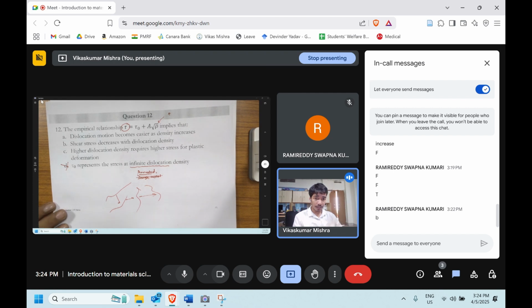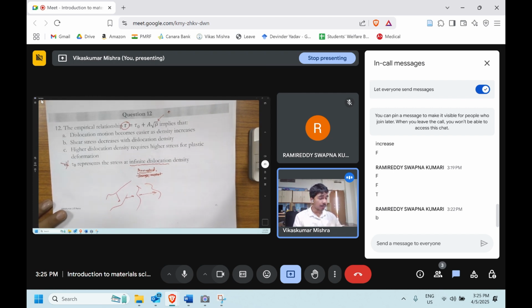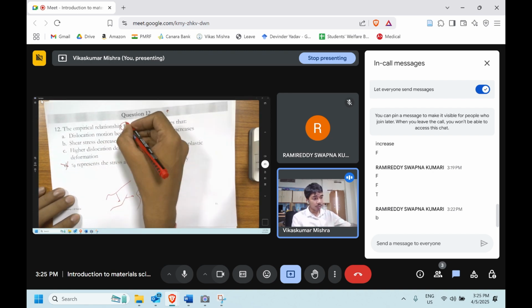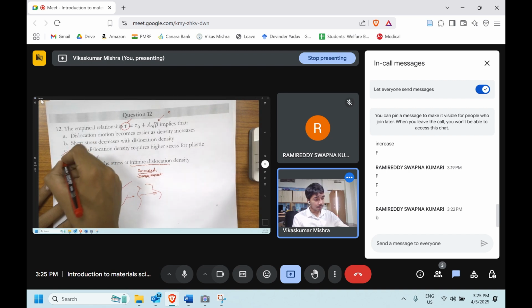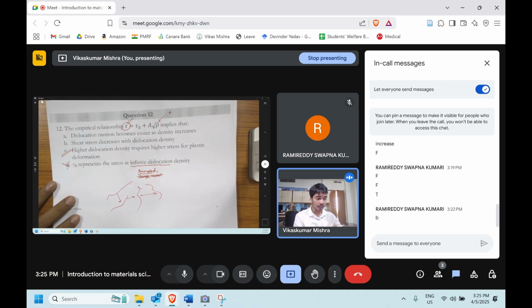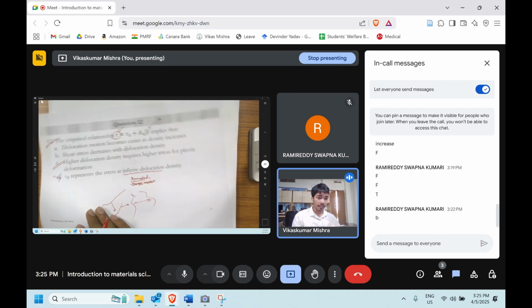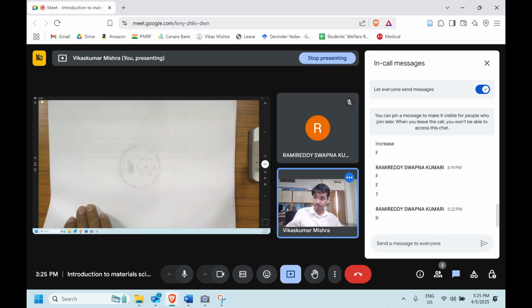Since their interaction with each other is more, they will impede each other's motion, and since their movement is restricted, plastic deformation is not taking place. So in order for plastic deformation to take place, it will require more stress, more external force. So the tau CRSS will again increase. So with that, option C is the right answer. You solved question number 12. Let's move ahead. Let's go to question number 13.